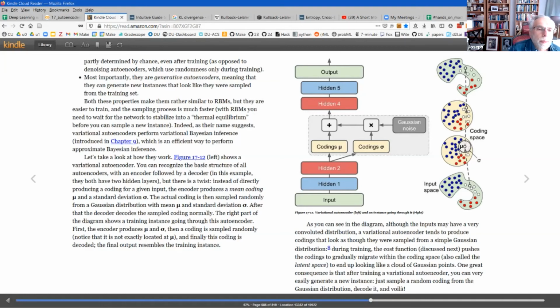You take the mean, then you take the standard deviation, then you pull a sample from a Gaussian distribution with that standard deviation. That's this part. And then you add them together: you take the mean and add a perturbation to it that's drawn from the Gaussian distribution.